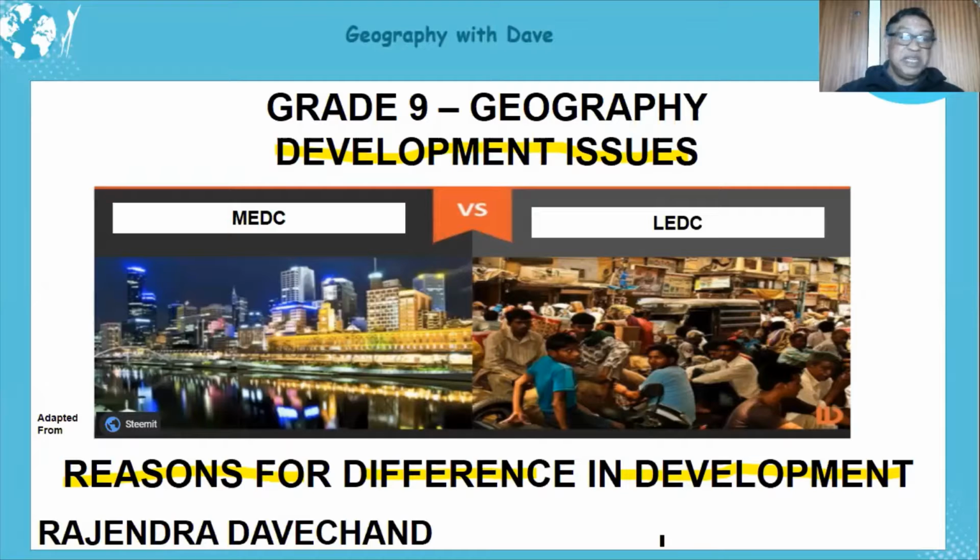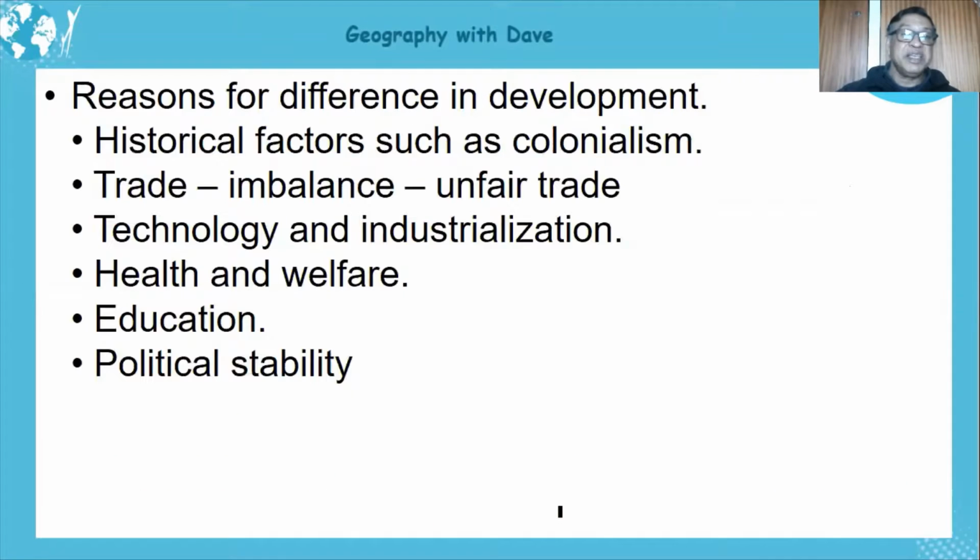So let's get going. In this lesson, as stipulated for the curriculum, we are going to look for reasons for difference in development, and we're going to focus on historical factors such as colonialism.